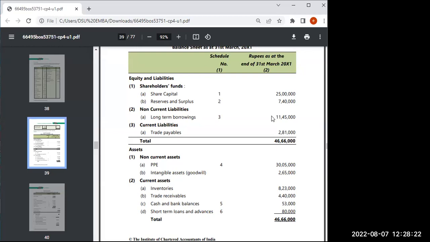Next line. Liability is equal to current liability plus non-current liability. That is equal to 11,45,000 plus 2,81,000. That's equal to how much? 14,26,000. Write it. Take a correct total and write it. 11,45,000 plus 2,81,000.